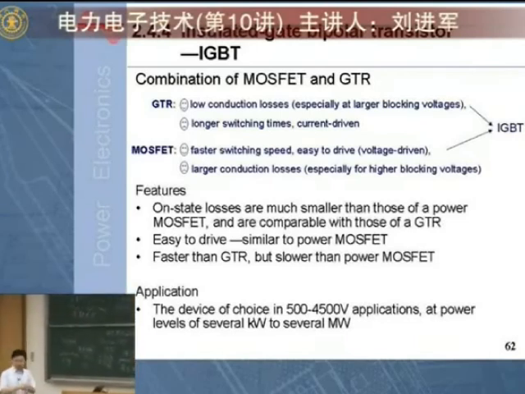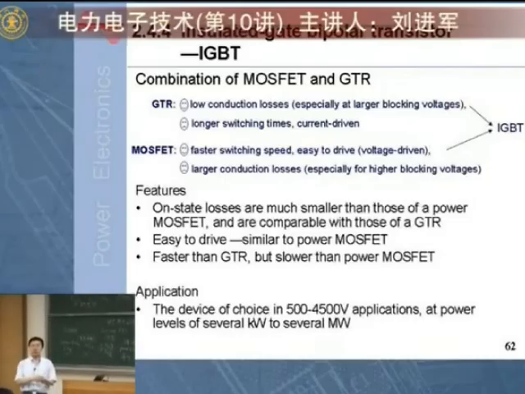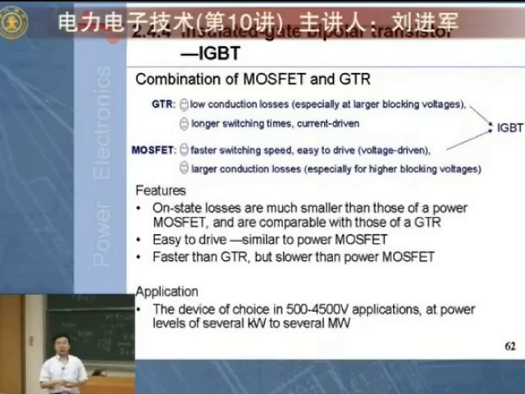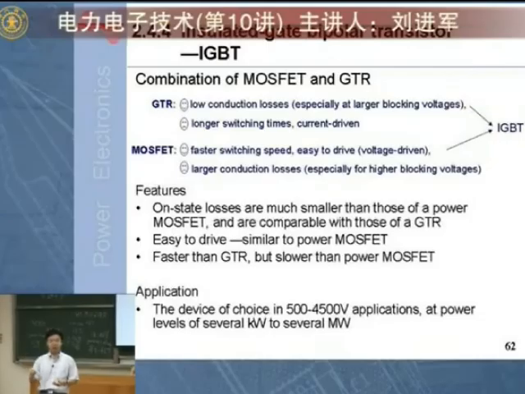MOSFET is voltage driven. That's better than GTR. Voltage driven is good because your drive circuit will be very simple. And because it is a majority carrier device, the turning on and turning off processes will be very short. That means you can turn on and turn off very fast. Those are also very good.